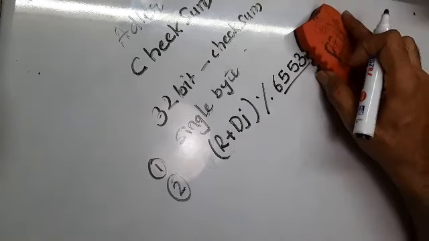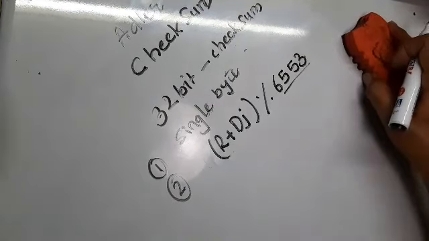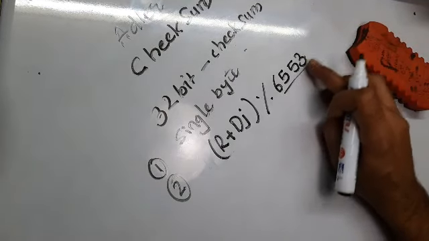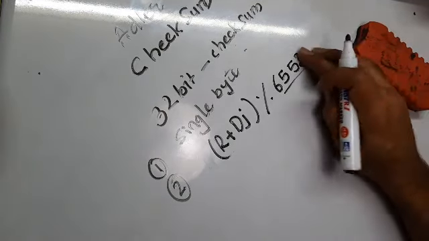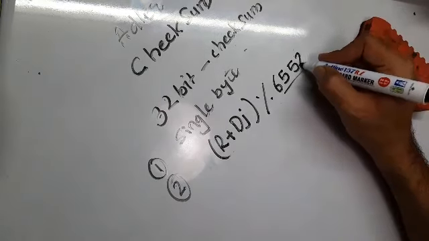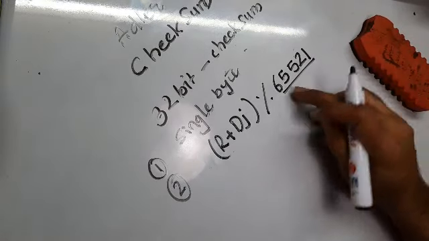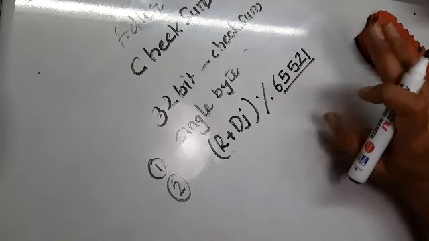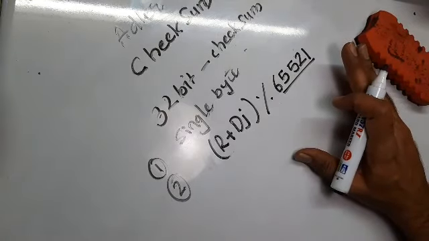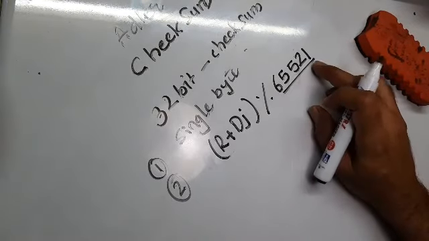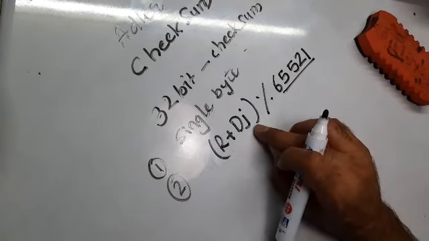But in case of Adler checksum, it is not 65,536, it is 65,521, where 65,521 is a prime number. Because of that, it has been selected here.